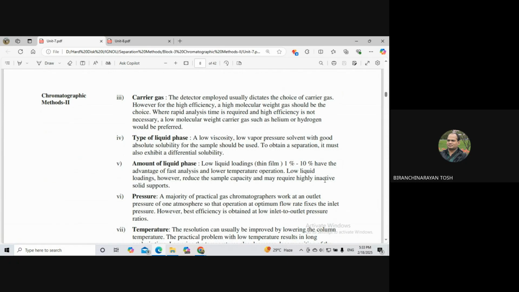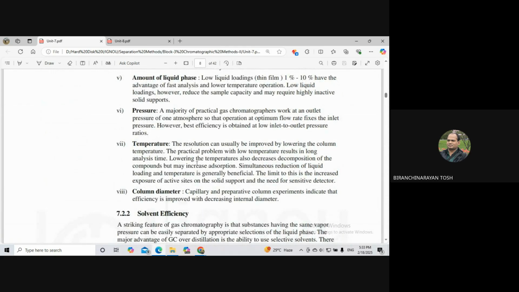In pressure, a majority of practical gas chromatographers work at an outlet pressure of 1 atmosphere so that operation at optimum flow rate fixes the inlet pressure. The temperature: lowering the temperature also decreases the decomposition of the compound, but it may increase the adsorption.